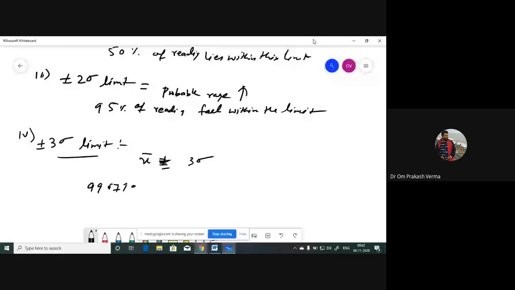X bar is your expected or real value, okay, and plus minus 3 sigma. तो 3 sigma का मतलब क्या हुआ, 99.74%, it is the standard value of readings that will fall within the limit, right? So ये आपका टर्म है, this is the standard terminology decided by the specification of the manufacturer, right?